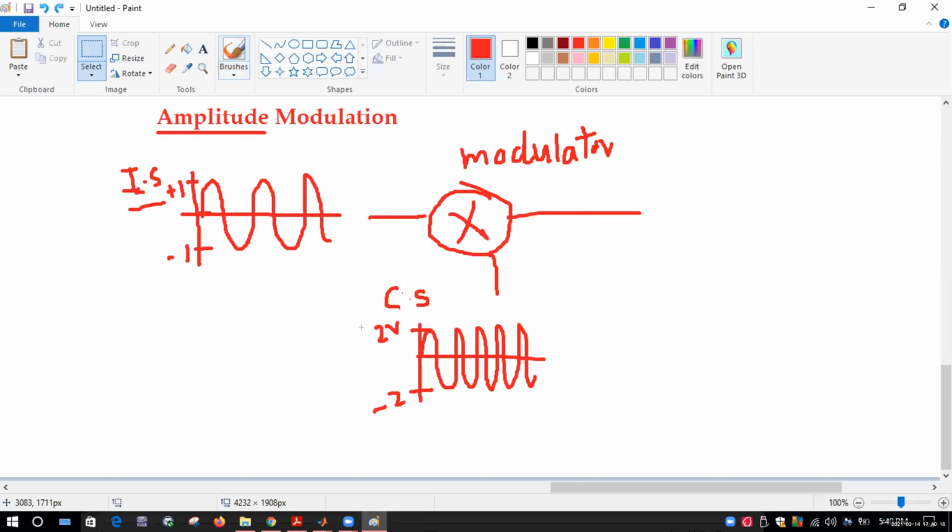It doesn't stay 2 or minus 2 now. It sometimes goes to 3 because it adds up with the information signal. And when the carrier amplitude is changed by applying the information signal, this modulation scheme is called amplitude modulation.